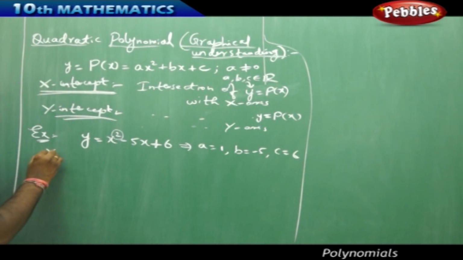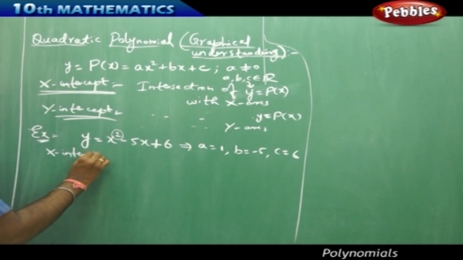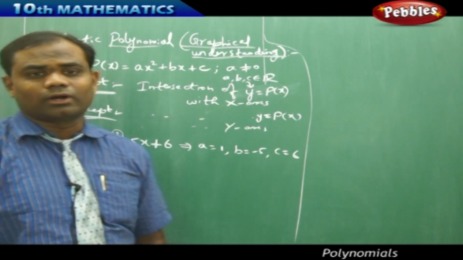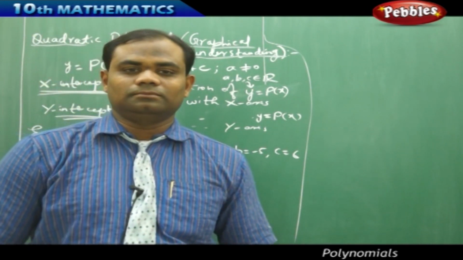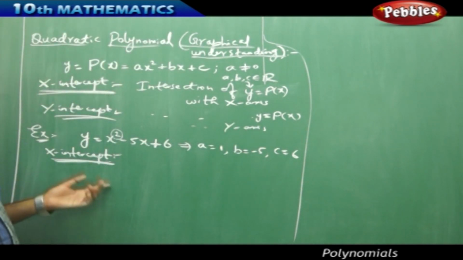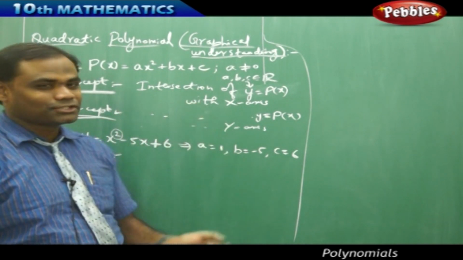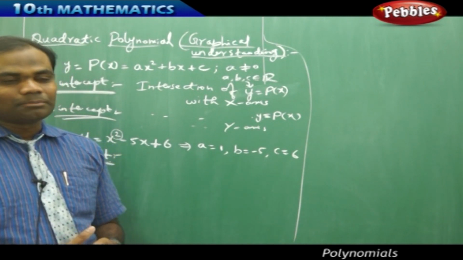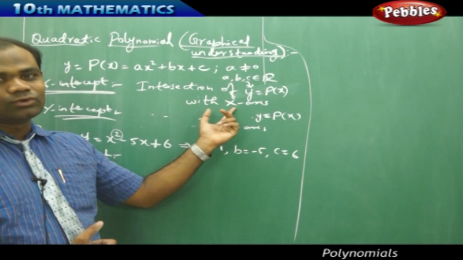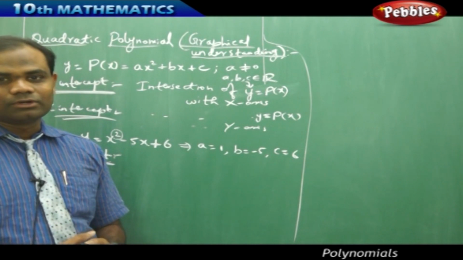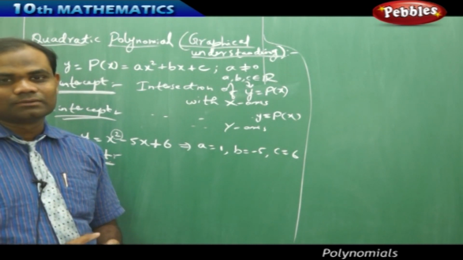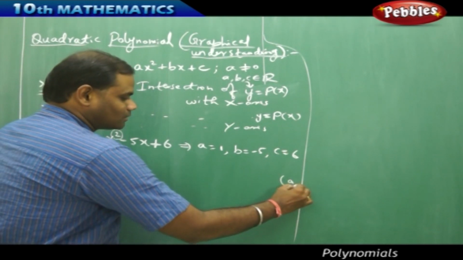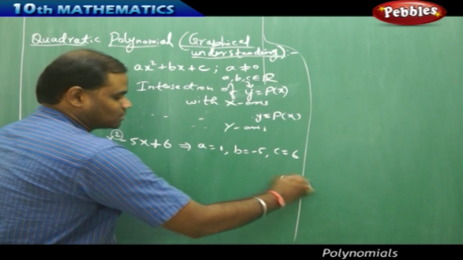Now, my first stage is to find the x-intercept. How do I find the x-intercept for any polynomial? As we have seen, the x-intercept is the intersection of the polynomial with the x-axis. Then clearly the points I obtain in the intersection would be when I substitute y equal to 0, because every point on the x-axis has the form a, 0, where y is always 0.